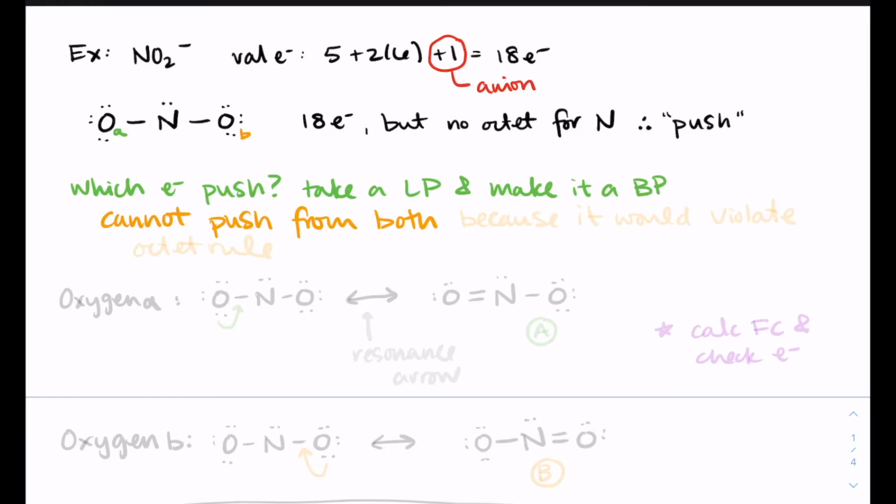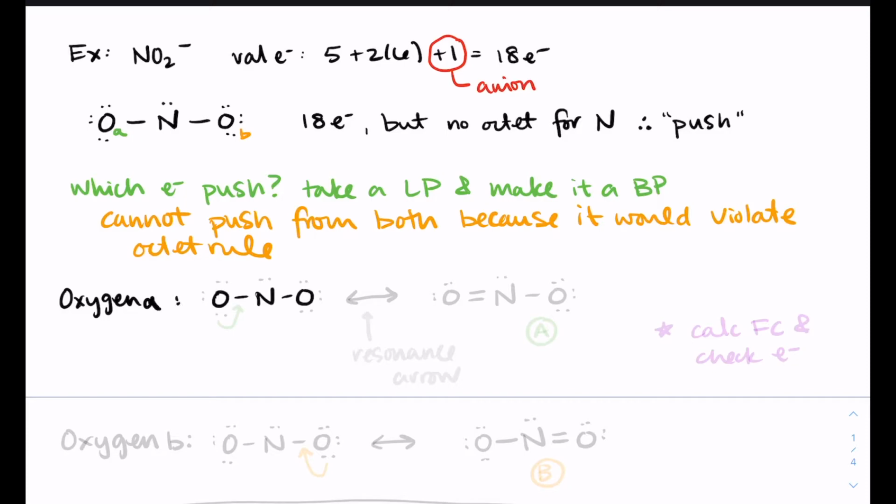First of all, we can't take the lone pair on nitrogen and share it with oxygen because oxygen already has an octet. Until we say otherwise, with the reasoning why we can do it, we cannot violate the octet rule, which means we cannot go above 8 electrons, period, whatsoever.